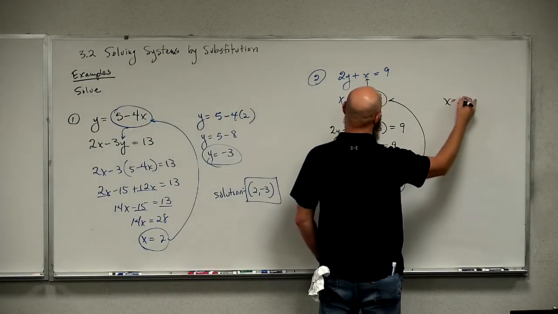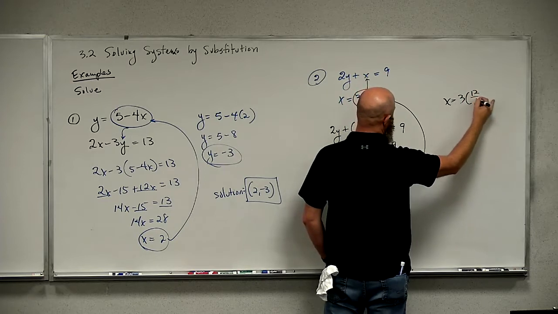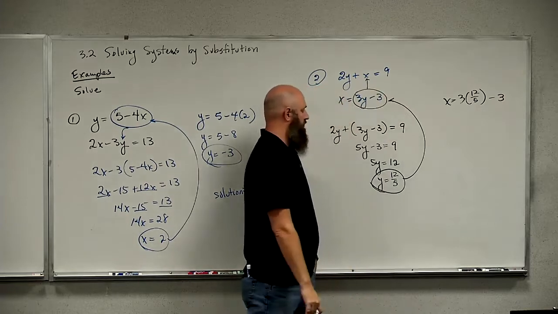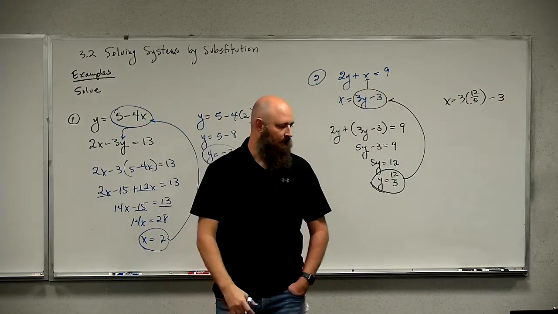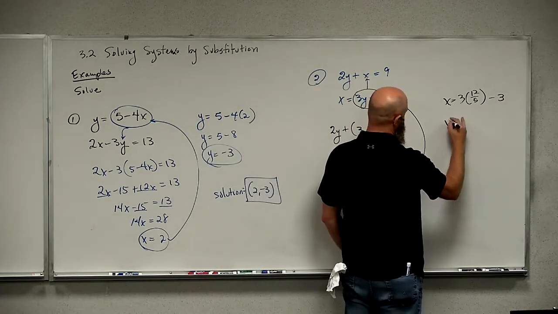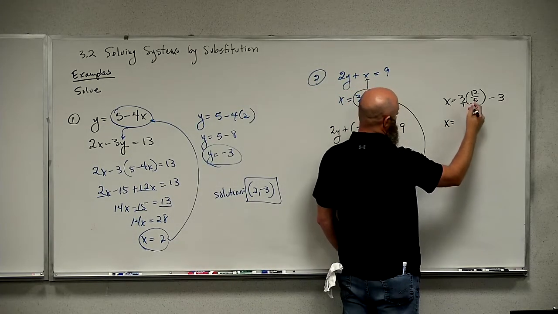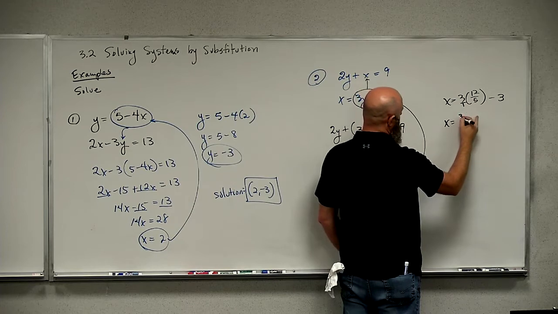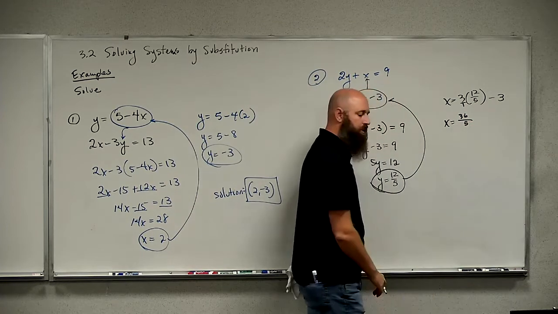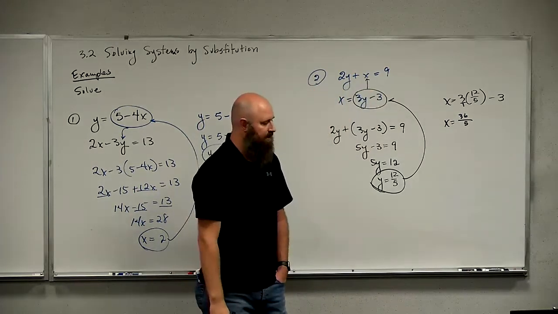And so x equals 3 times 12 over 5 minus 3. Okay, so now we need to get common denominators as we move through these. So x equals, this is 3 over 1, so we get 36 over 5. This 3 times 12 is 36.